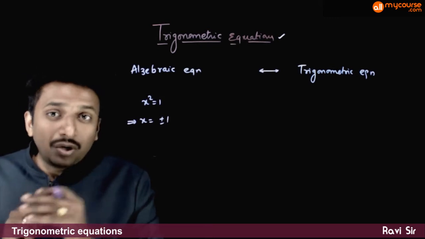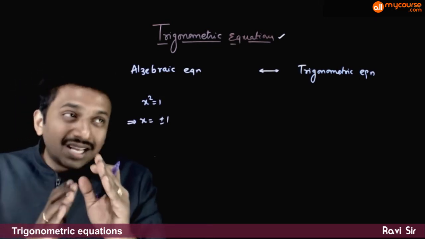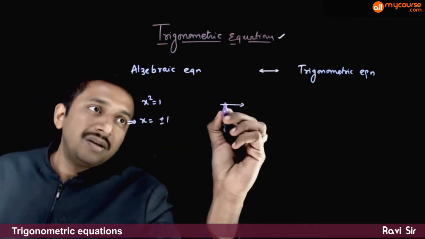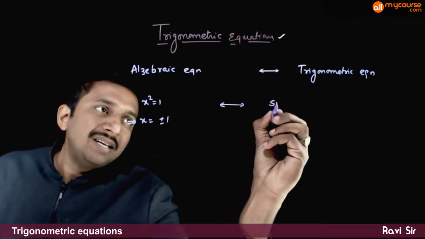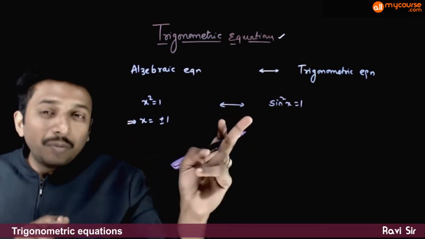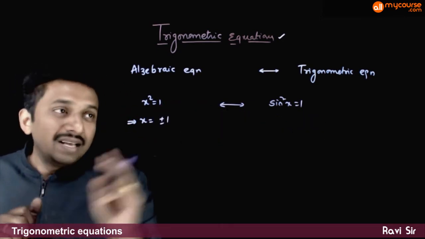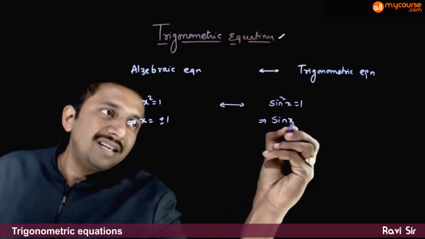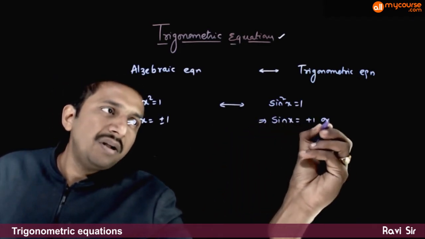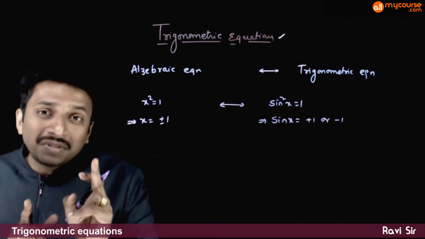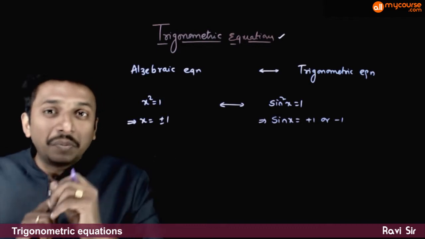There are two solutions. So let us take the corresponding trigonometric equation, something like sin square x is equal to 1. So how many solutions does this equation have? Sin square x is equal to 1 implies sin x is equal to either plus 1 or minus 1. Now comes the difference between the algebraic part and the trigonometric part.